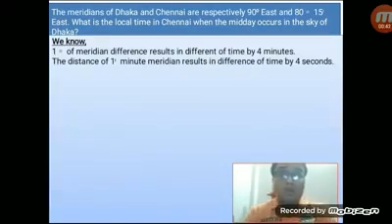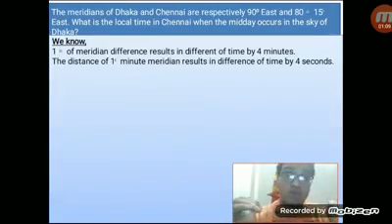So this is the formula: 1 degree of meridian difference results in a difference of time by 4 minutes, and the distance of 1 minute of meridian results in a difference of time by 4 seconds. Then you have to find the difference of the longitude between two places. So you have to subtract the longitude of Chennai from the longitude of Dhaka.